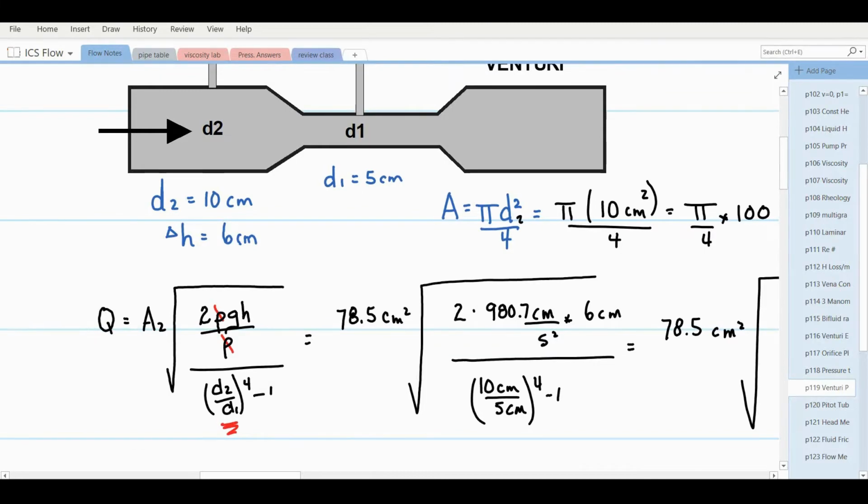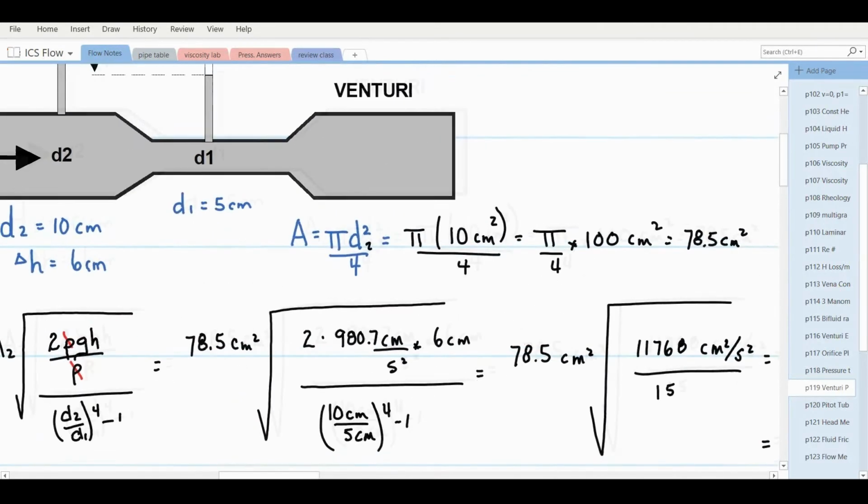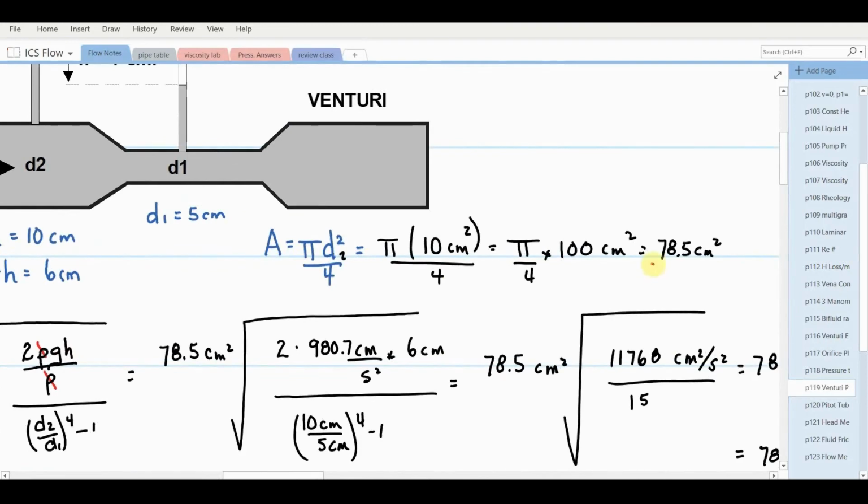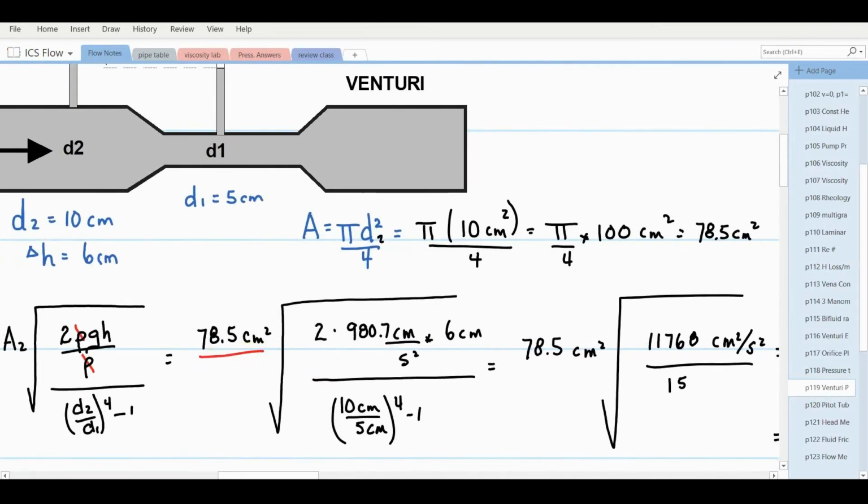We need the area. So the area is the area of the pipe, that's pi d squared over 4. The diameter of the pipe was 10 centimeters. 10 squared times pi over 4 is 78.5 square centimeters, the cross-sectional area of the pipe.